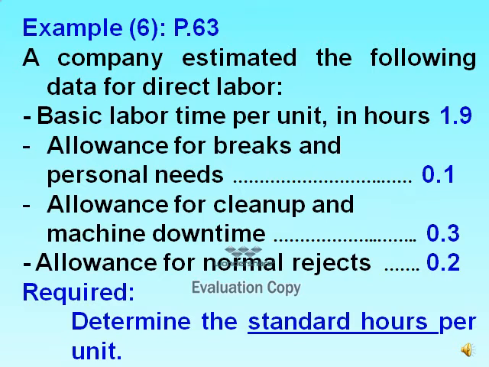Example 6 on page 63. A company estimated the following data for direct labor. Basic labor time per unit in hours 1.9, allowance for breaks and personal needs 0.1, allowance for clean up and machine downtime 0.3, allowance for normal rejects 0.2. Required: determine the standard hours per unit.